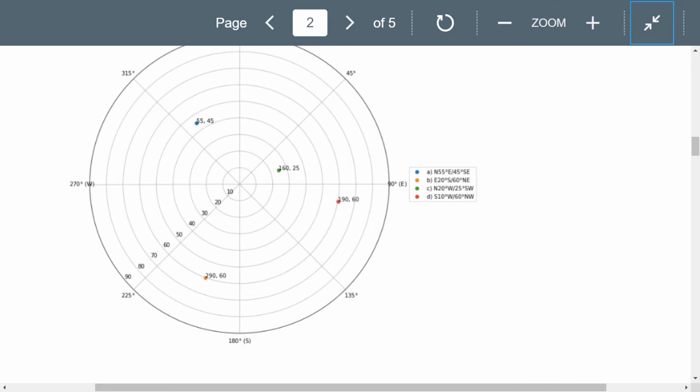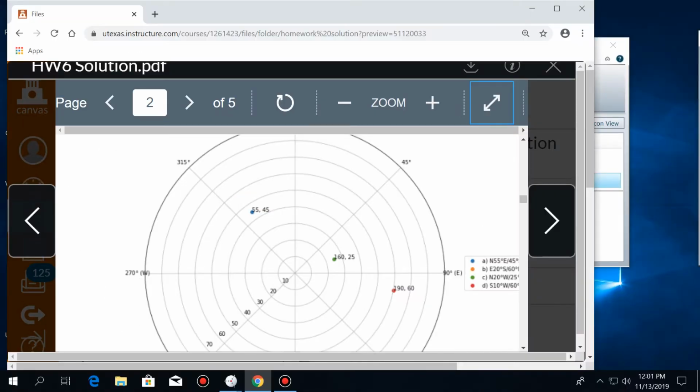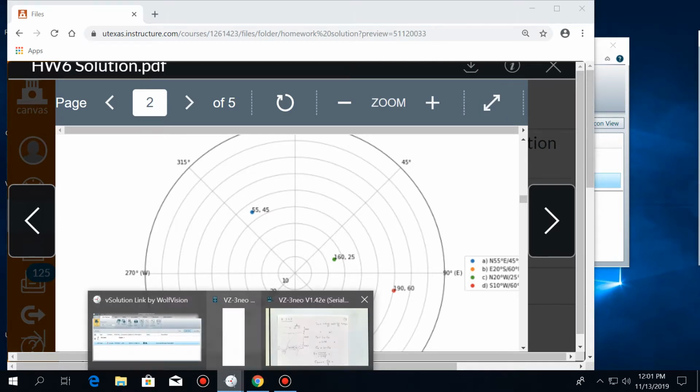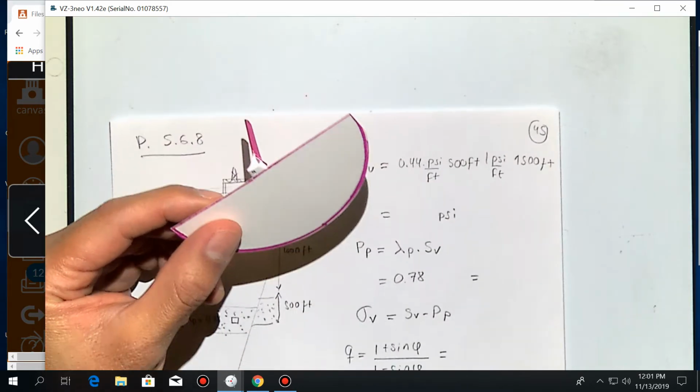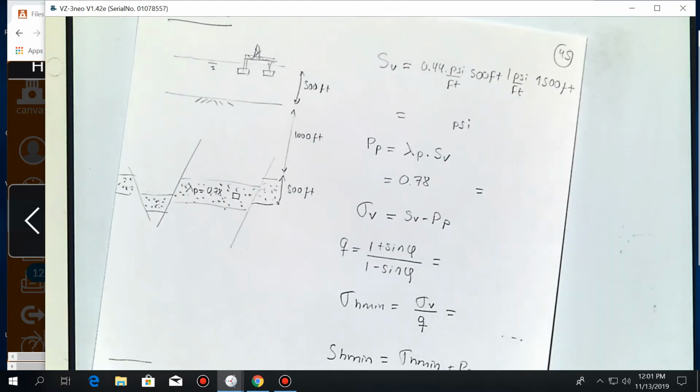So remember that for faults, it's not the same as for wellbores. For a fault, what you look at is the projection of the stereo net on the, let me find another page over here.